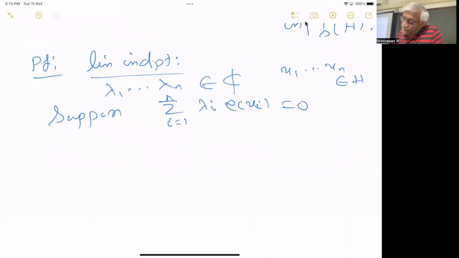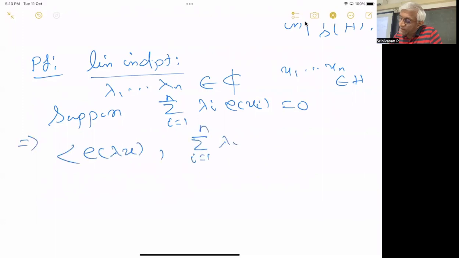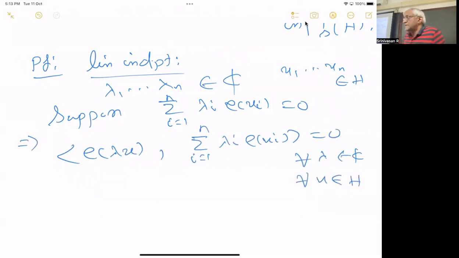So this is 0. Now this implies the inner product of E of lambda U with summation i equal to 1 to n of lambda i E of U i is equal to 0, for all lambda in C and for all U in H. Of course, if something is 0, then its inner product with any vector is also 0.